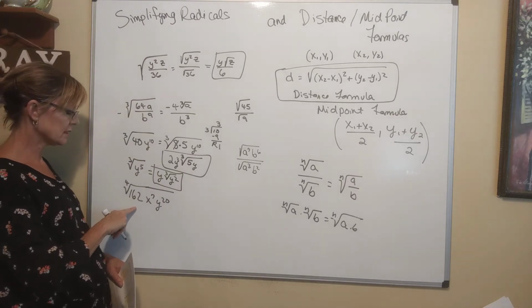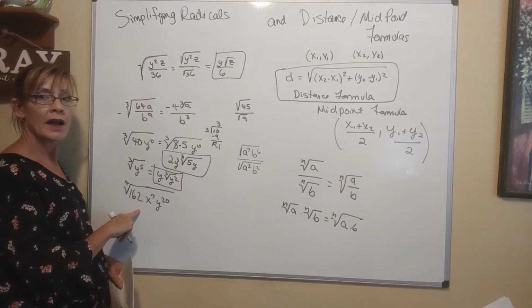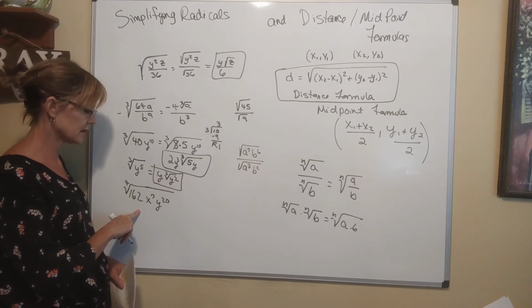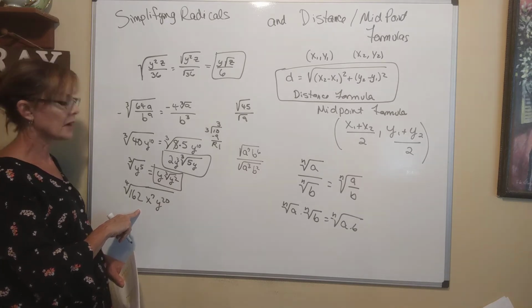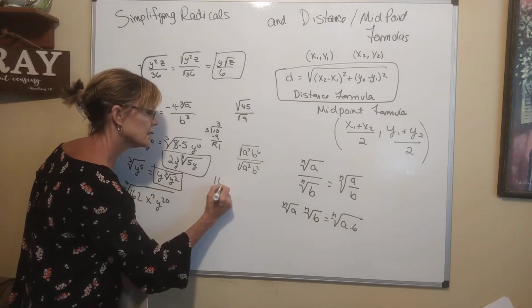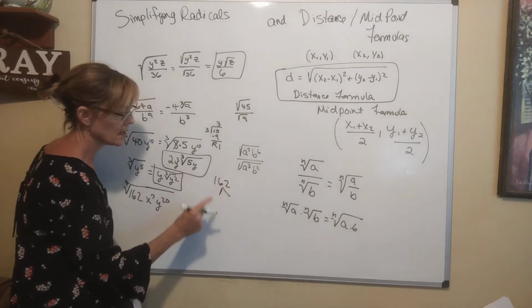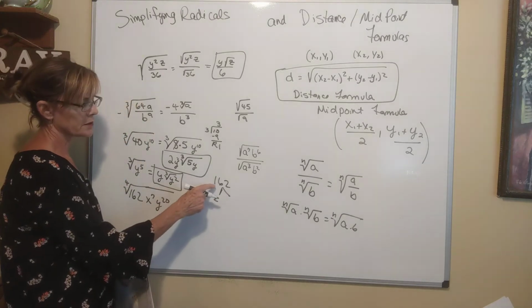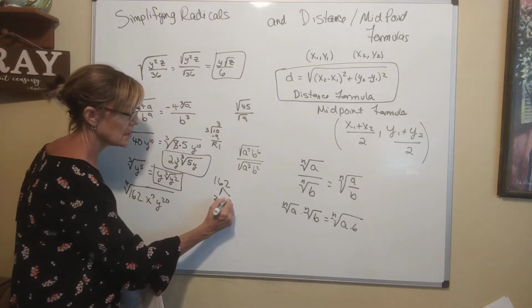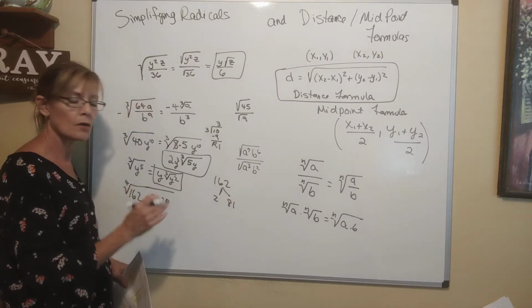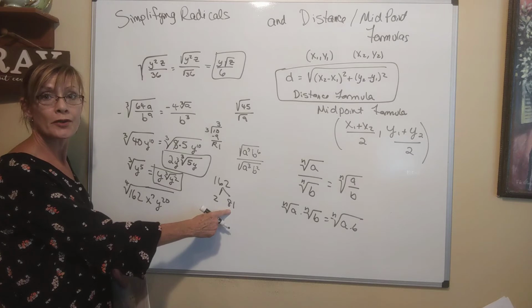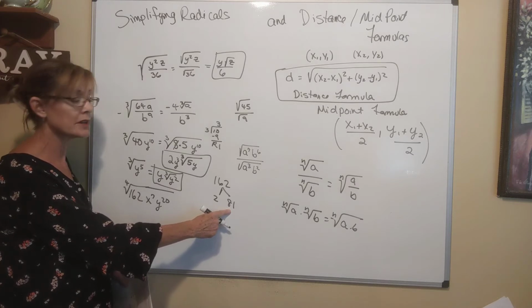Down here, 162. Wow, I am not familiar with 162, so I need to start breaking it down. This is what I'll do when I don't know how to break something down. I'll take 162 and I'll start dividing it. 2 can go into 162 81 times. Now, if I spot that 81 is a fourth root, the fourth root of 81 is 3, then I'm in business.